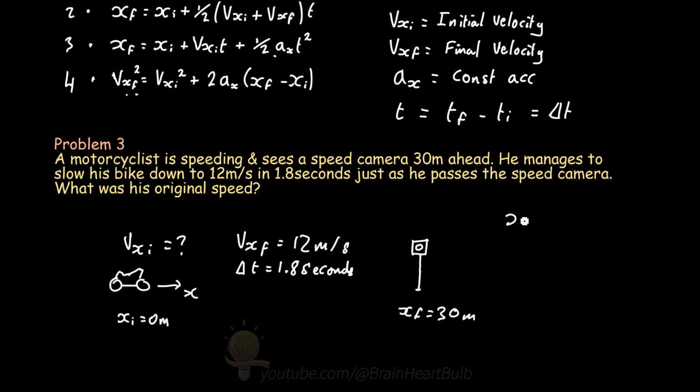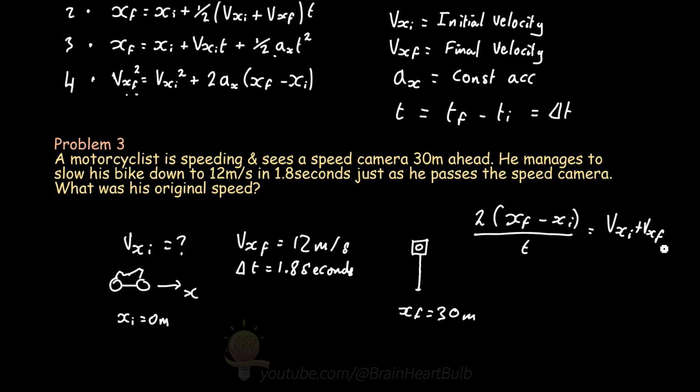So the final position minus the initial position multiplied by 2, divided by the time, is equal to the initial velocity plus the final velocity.